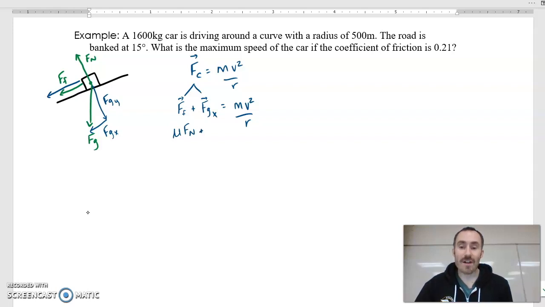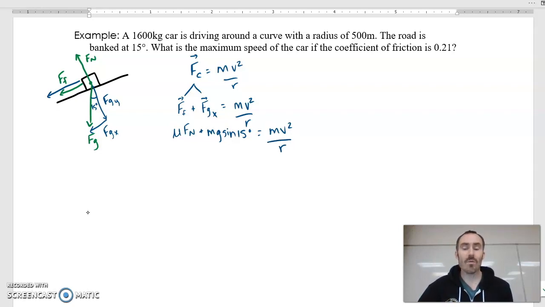The force of gravity X, if this is 15 degrees, I'll write that in here, 15 degrees, uses the sine, right? So it's mg sine 15 degrees, and together those things equal mv squared over r. I am trying to solve for v.